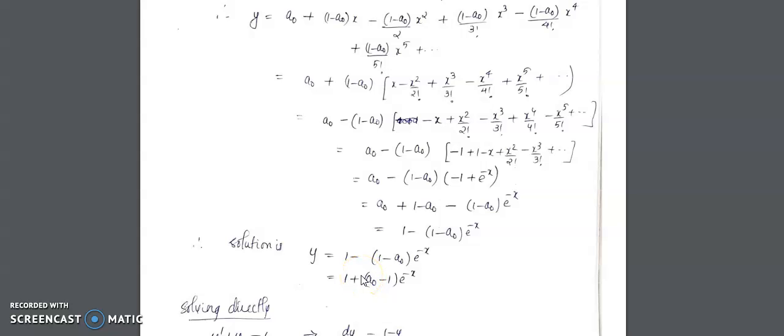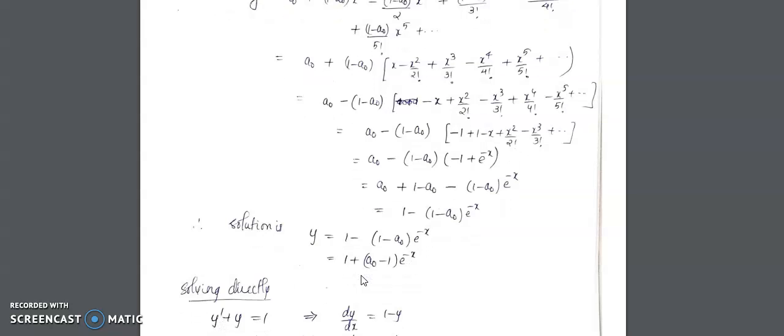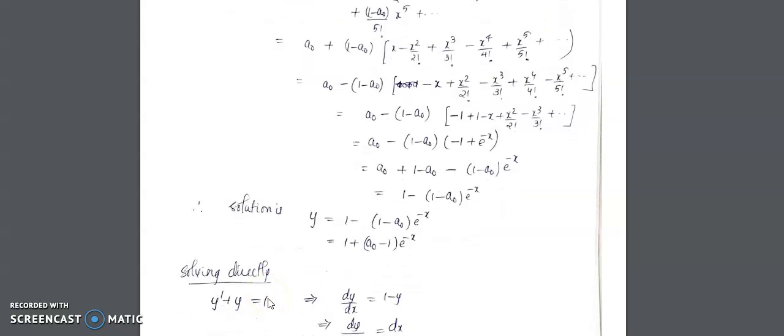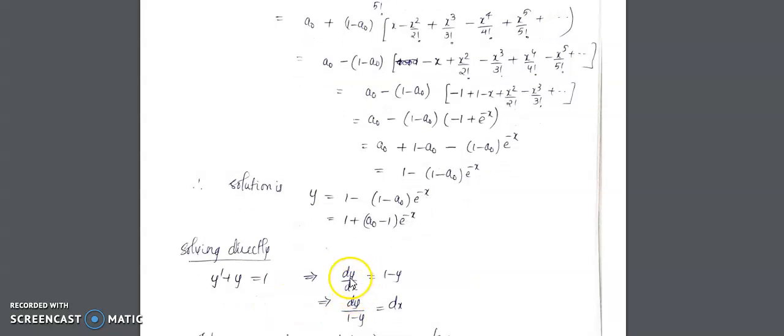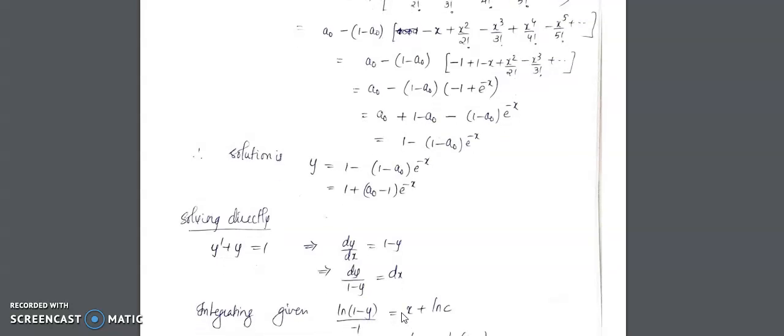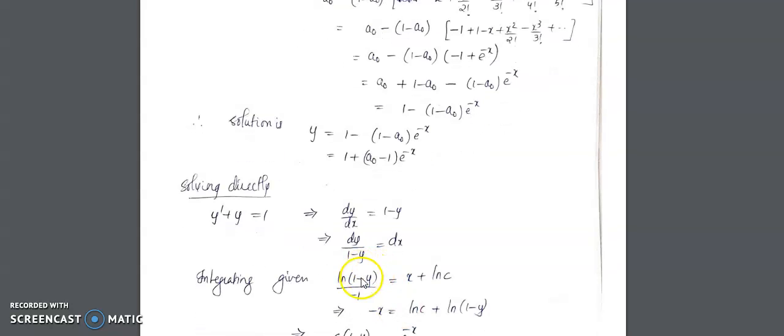Now let us solve the equation directly. Upon solving the equation directly, again we can solve in variable separable form. So y dash will be equal to 1 minus y. Separating the variables, you will get dy by 1 minus y equal to dx. On integrating, you will get log of 1 minus y by minus 1 equal to x plus an arbitrary constant, let me take it as log c.